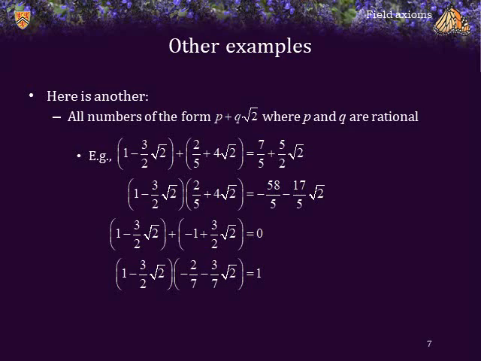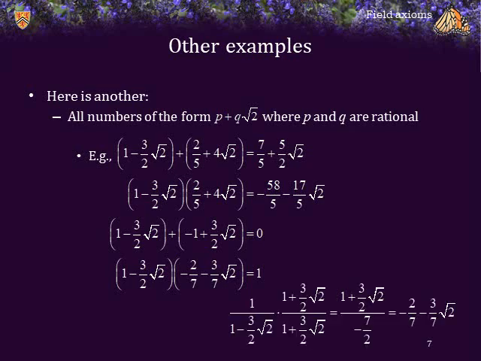Well, you can already deduce this from secondary school. 1 over a radical can be simplified, or I can rationalize the denominator by multiplying by 1, where 1 is equal to the radical conjugate over the radical conjugate.